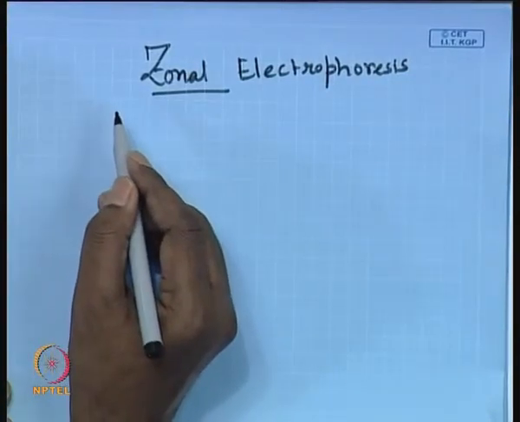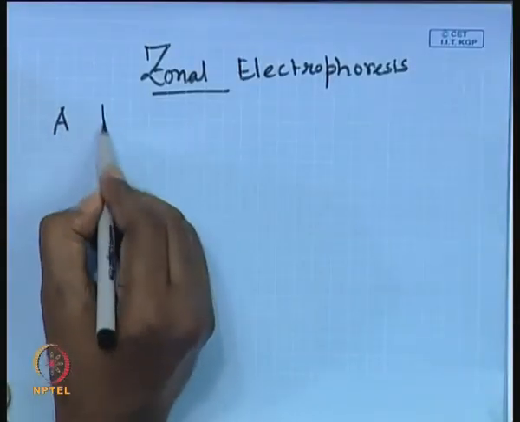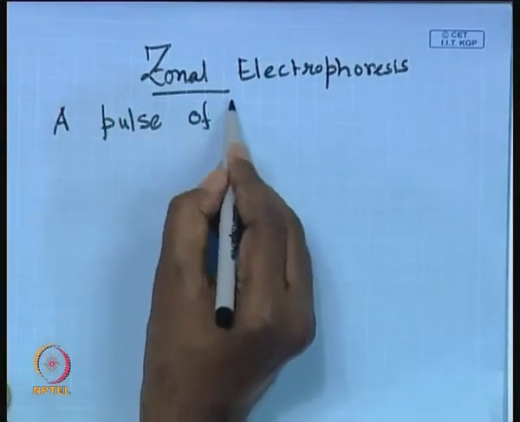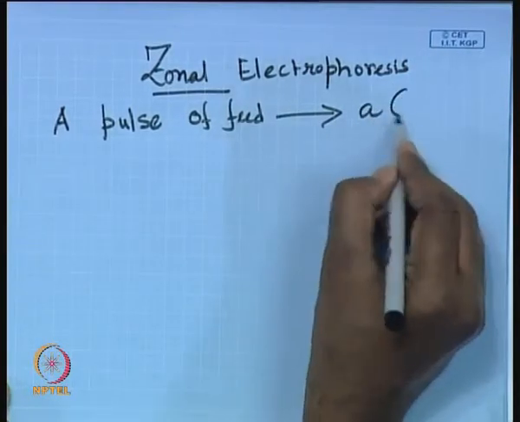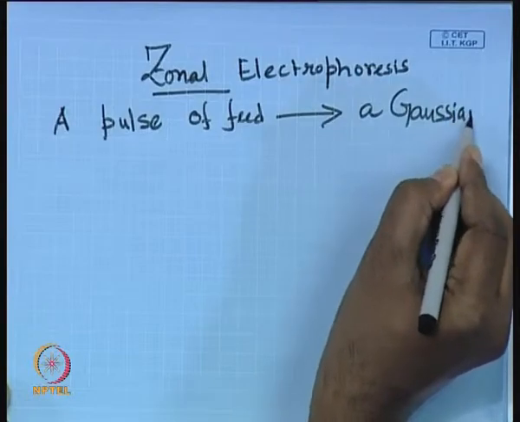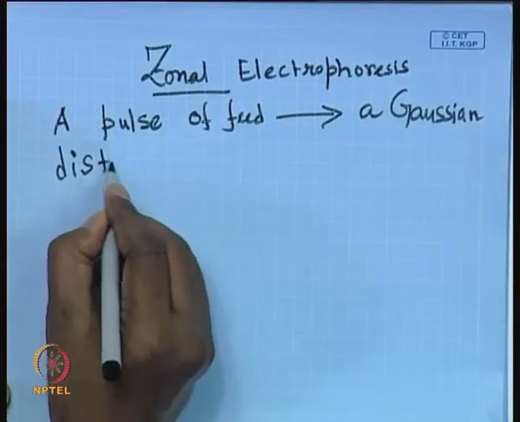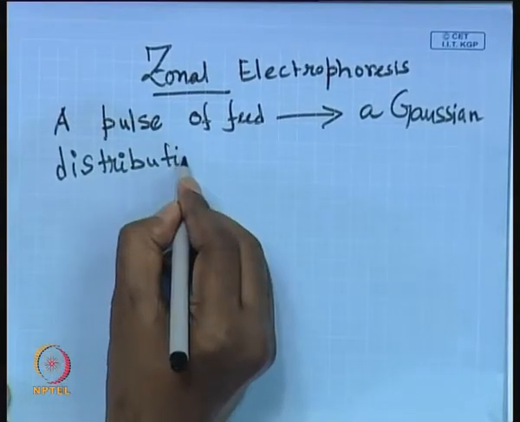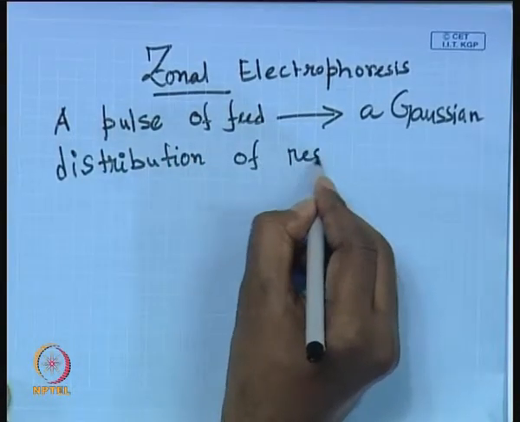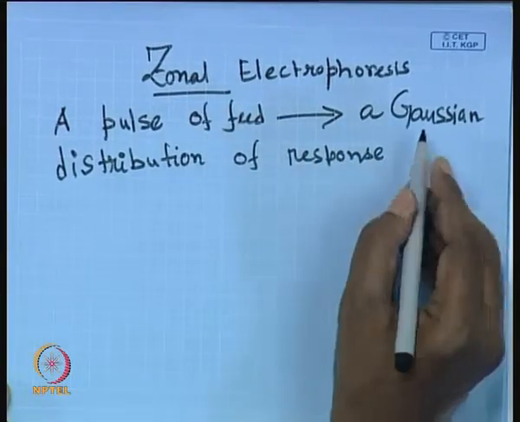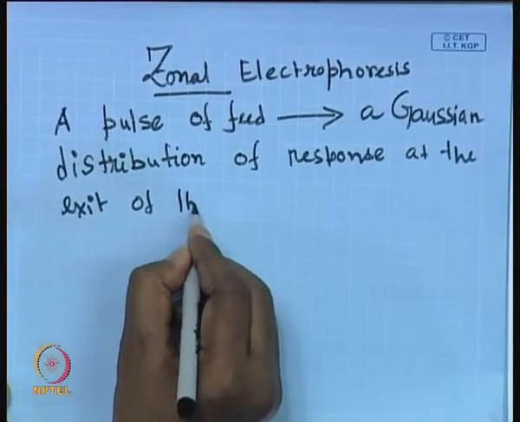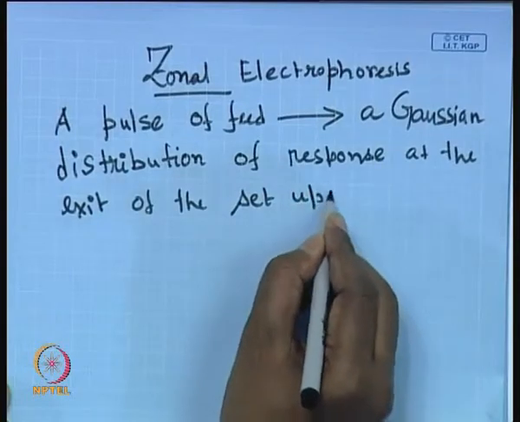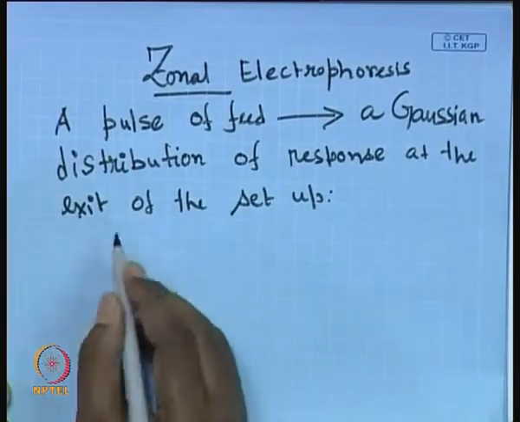A pulse of the feed results in a Gaussian distribution of response at the exit of the setup. What is the distribution? It is just like a Gaussian expression.